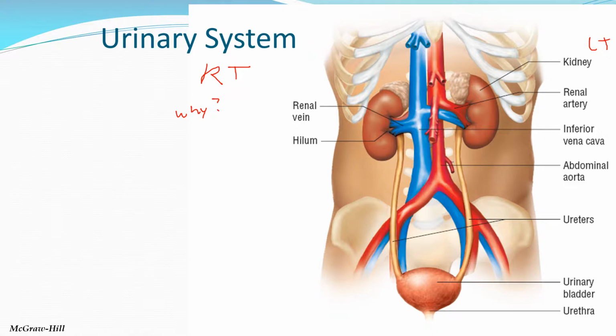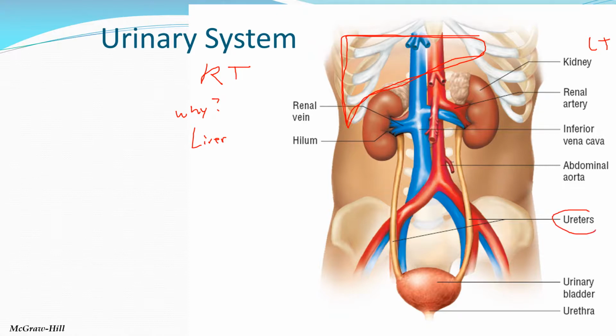The lung, it's the liver. So the liver is on the right side of your body. So it's a little bit lower. The right kidney is a little bit lower. So not that big. They're only about 5 to 6 centimeters. But they're working all the time.